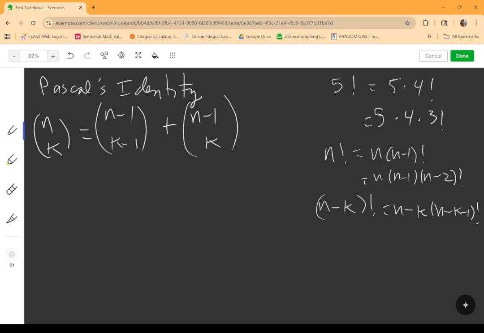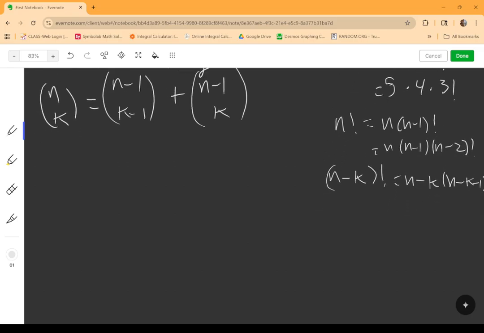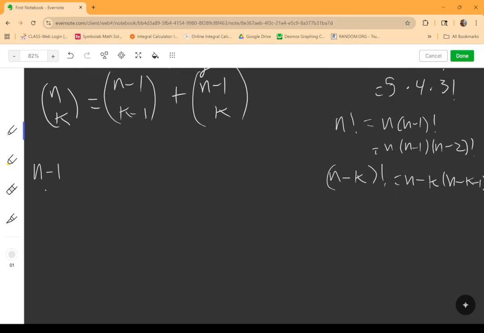As I work through the algebraic proof, if we start with the right-hand side, there's more to work with: n minus 1 choose k minus 1 plus n minus 1 choose k. I can start by expanding, and we have n minus 1 factorial over n minus k factorial and k minus 1 factorial.